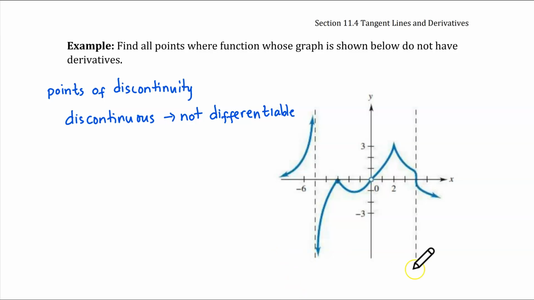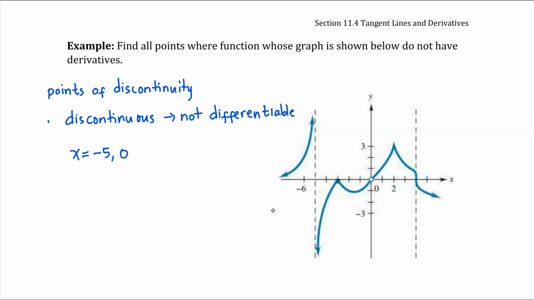So in this graph here, the function is discontinuous at x equals -5. And also, it's discontinuous at x equals 0. So therefore, at -5 and 0, the function is not differentiable.